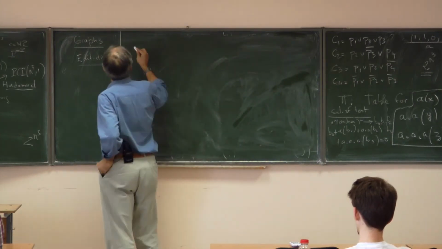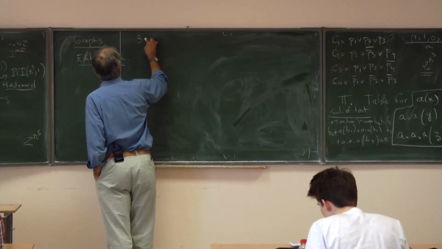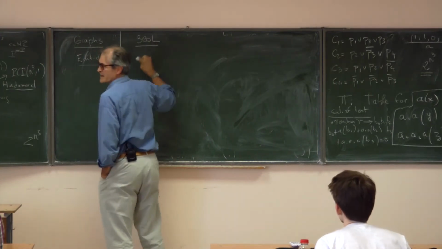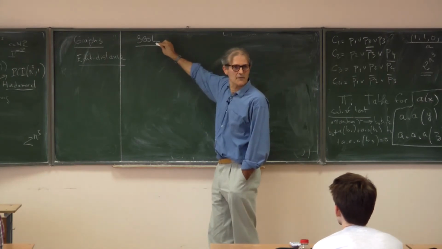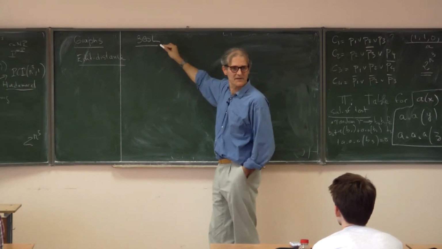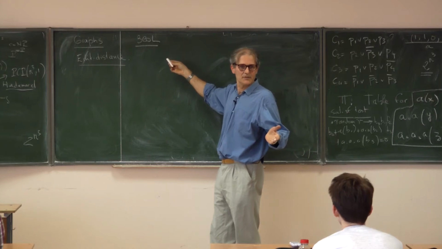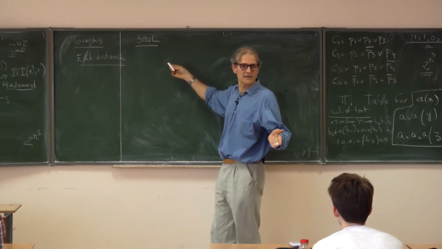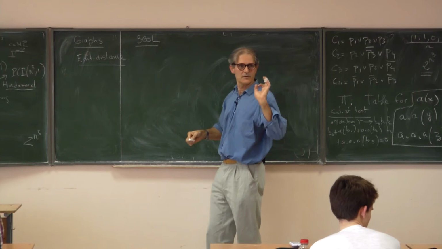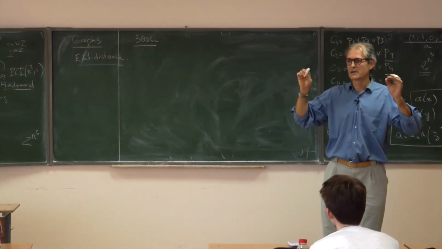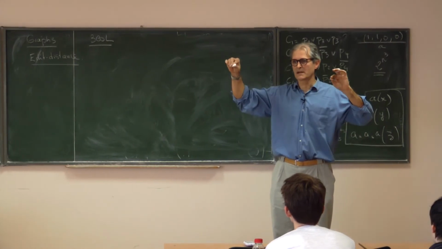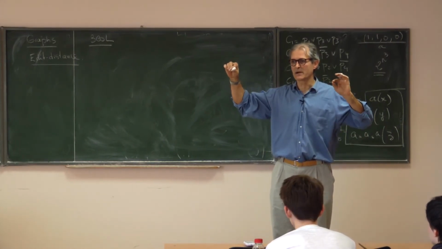The first example of this was 3-colorability, which is an NP-complete property. You all know what 3-colorability is: given a graph, you have to decide if you can color it with 3 colors. So you assign colors to nodes, and you want nodes connected by edges to have different colors.